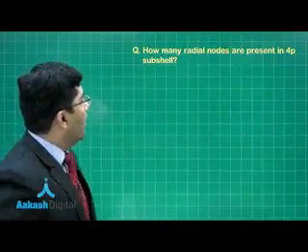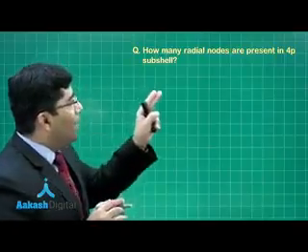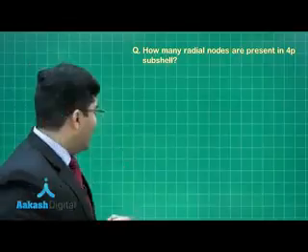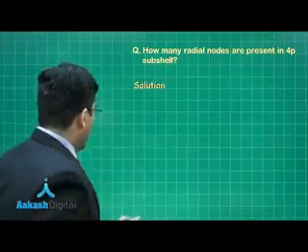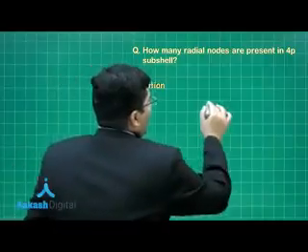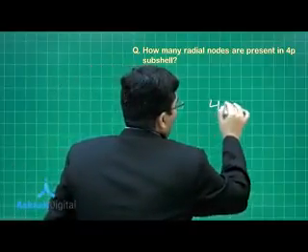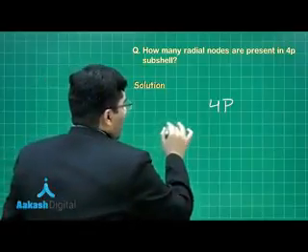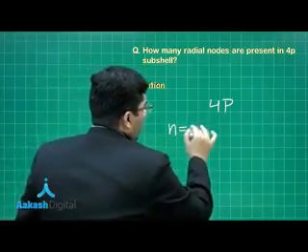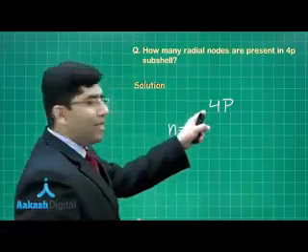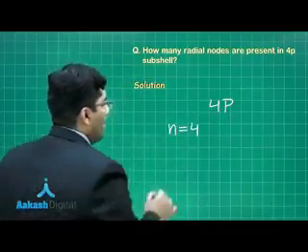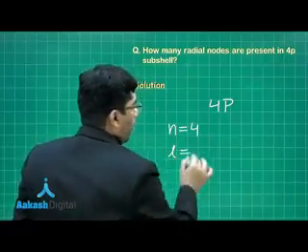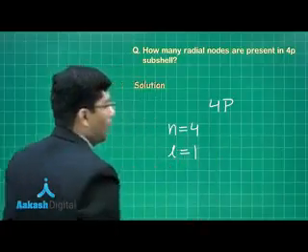Now this is the question, and it asks how many radial nodes are present in the 4p subshell. Let's discuss it. Now the solution: the subshell is 4p, right, where n is equal to 4, the principal quantum number, and L, the azimuthal quantum number, for p we know is equal to 1.